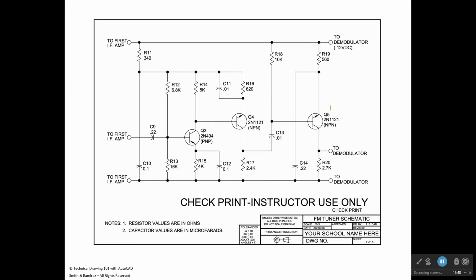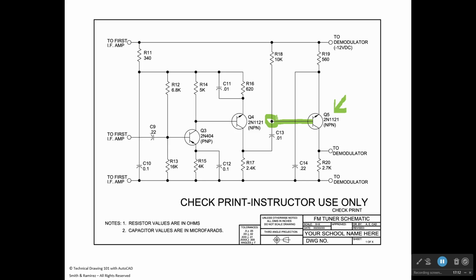We have an NPN transistor right here, and it has a label on it, and you're going to use the text command. What I recommend is using single line text, and I'll get into that in just a second. But I want you to notice that coming out of the base, this line comes over to here, and then there's a dot.